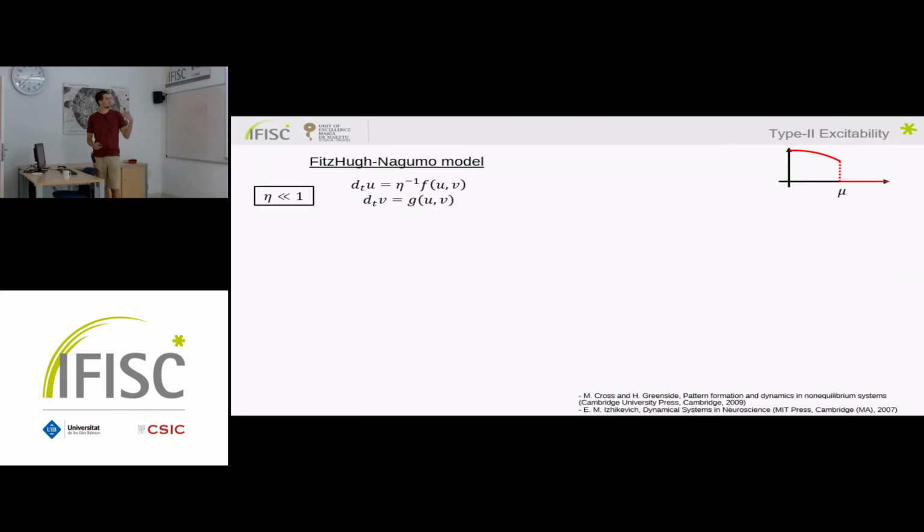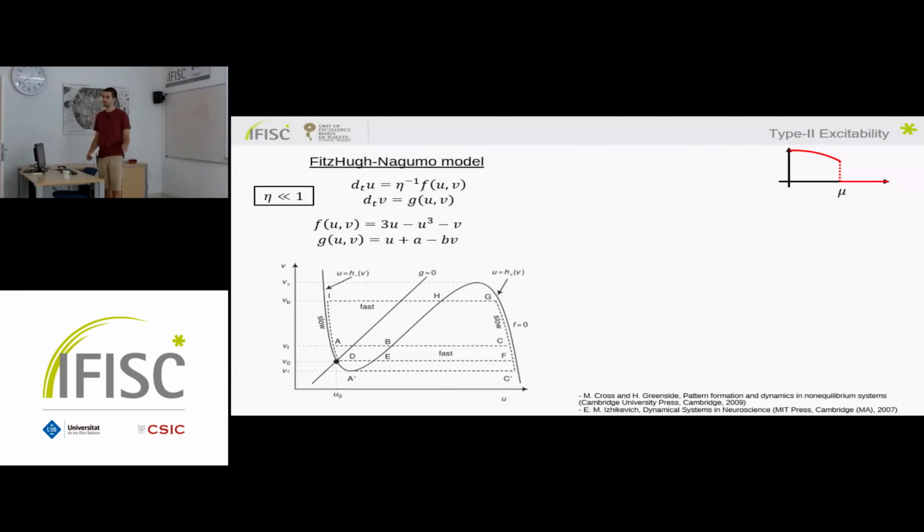Usually the changes are going to be resolved in the fast variable, and after that go slower in the other one. Usually f and g, the two functions that define the dynamics, are a cubic function for the fast variable, and a linear function for the slow variable.